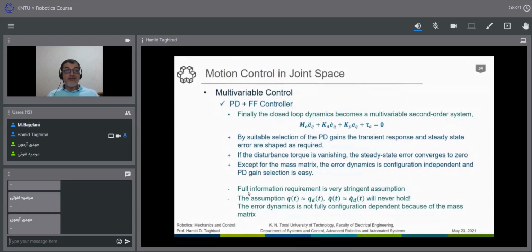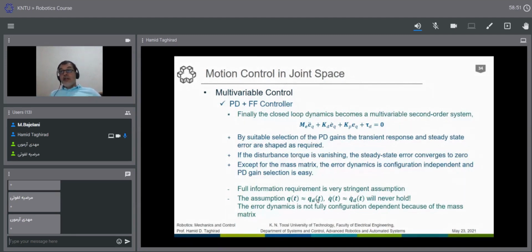What does full information mean? We need to know the exact M, the exact C, the exact G, B, and also assume that Q is equal to Q desired. And this is out of scope actually, because usually we know that these two are not exactly the same. The error will converge to zero, especially for the transient response here.